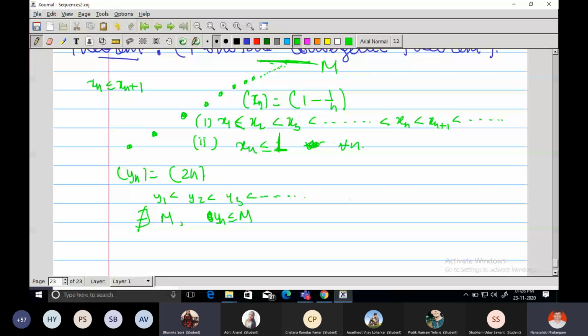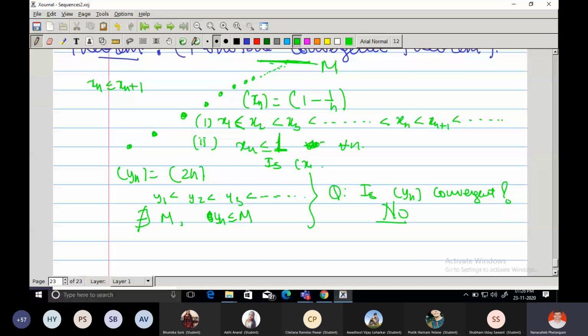In xn, every number is less than 1, and in yn, every number is greater than 2. That is fine, but what is the limit of yn? Is yn convergent? Divergent, right? And is xn convergent? Yes, sir.